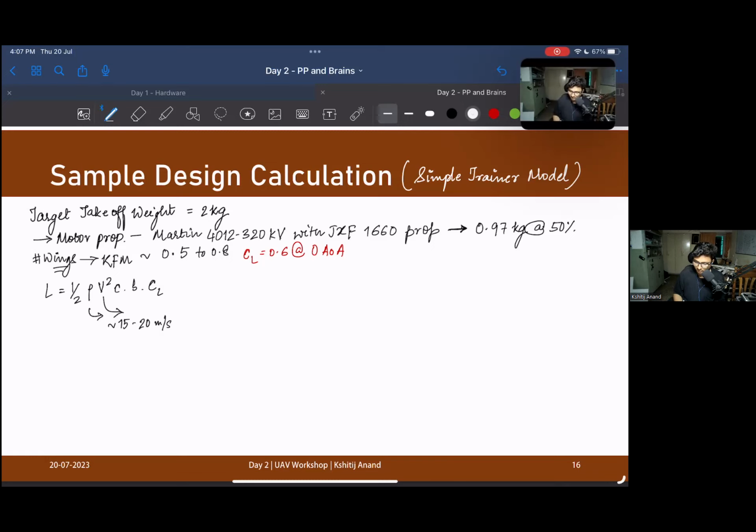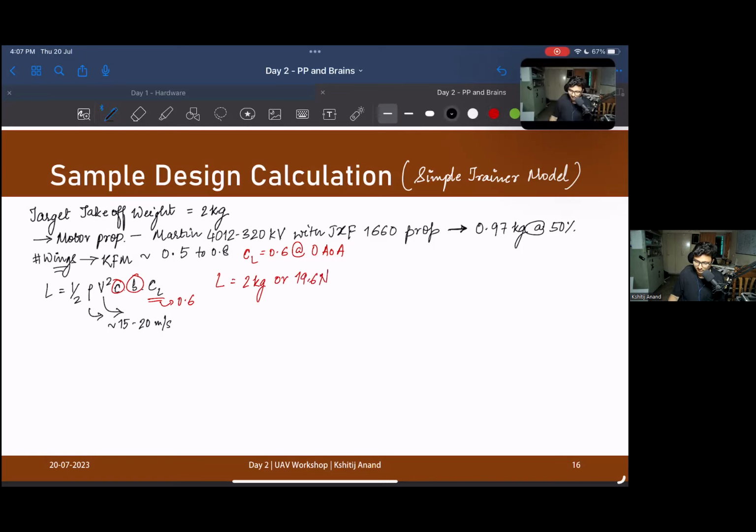And now, so this is the chord length and this is the wingspan, and CL comes out to be 0.6. So if I want to keep my lift at roughly 2 kgs, which, if I talk in force, is roughly going to be 19.6 newtons.